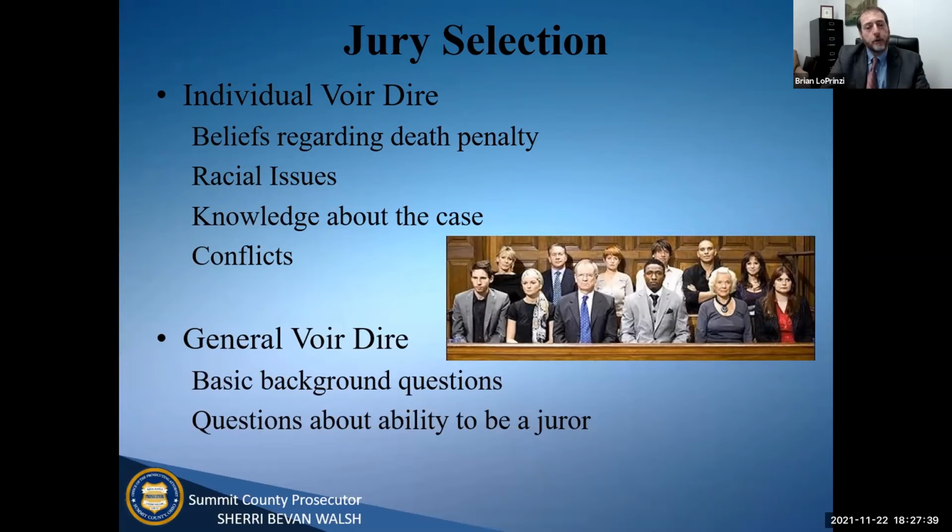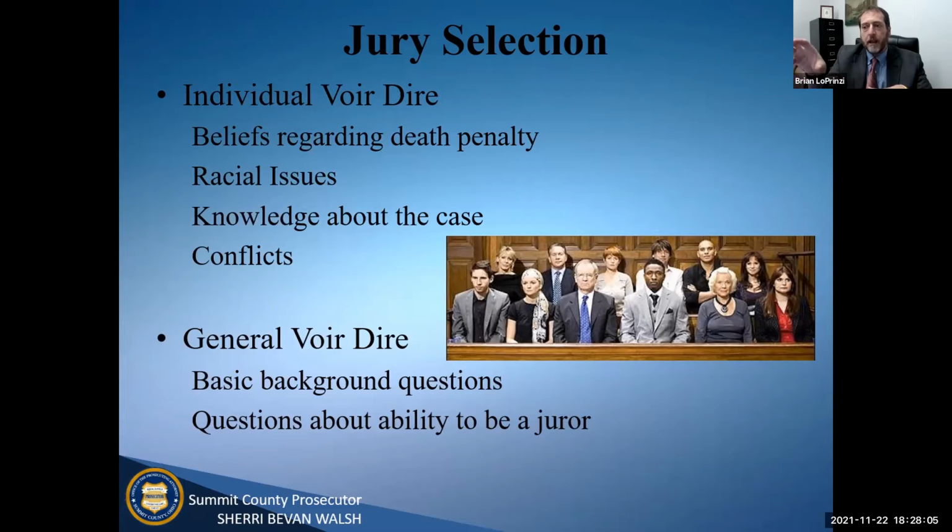So we will talk to them either individually or in very small groups about their beliefs about the death penalty, about racial issues if those are involved, knowledge about the case, media attention, any potential conflicts, if they know some of the witnesses or the victims or the defendant. And we ferret that all out at the very beginning. And that takes probably 2 to 3 weeks to do.